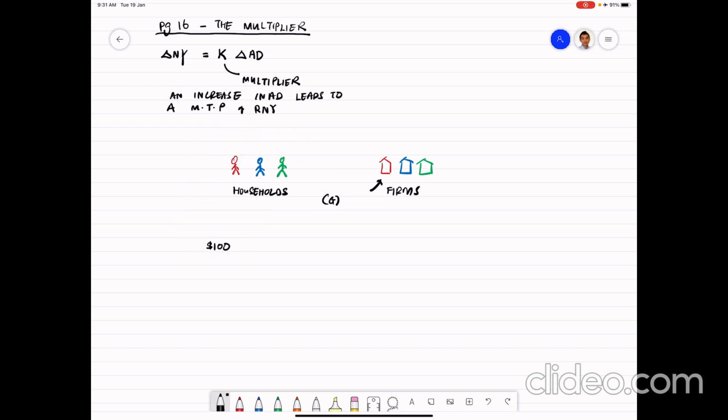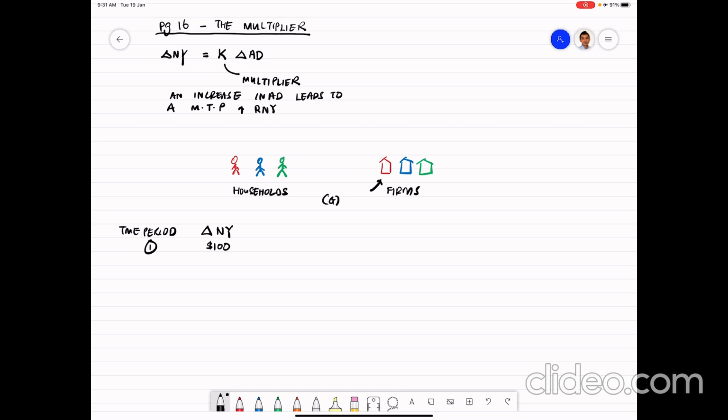So this is the change in national income, and let's say time period 1 is January. The government pays the red color firm $100, which pays the red color man $100. So national income increases by $100. Okay, so that's the first round.